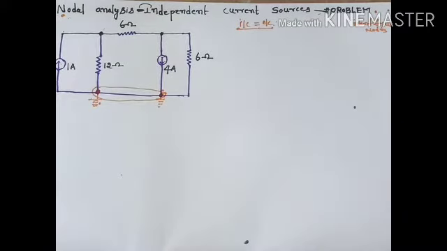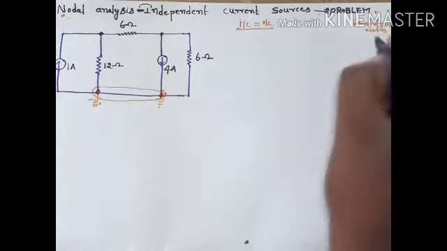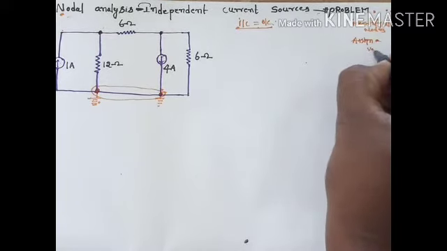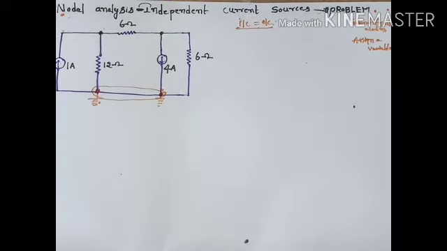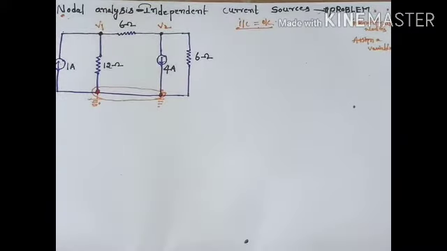After that, we have to assign a variable at each node whose voltage is unknown. Here I am taking the unknown voltage V1 and here the unknown voltage V2.